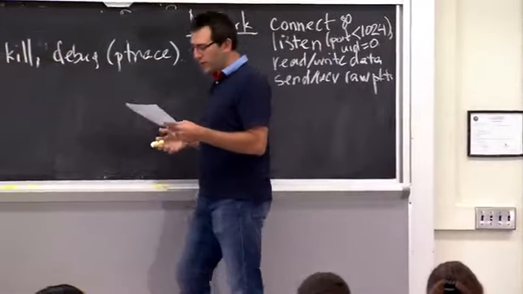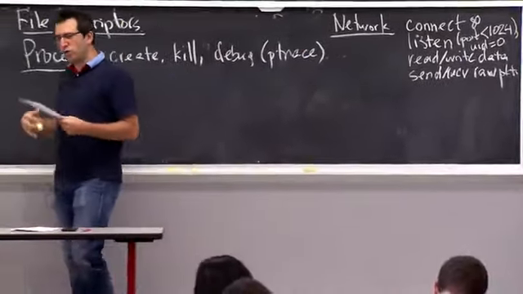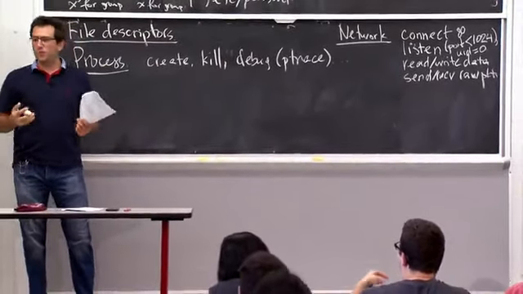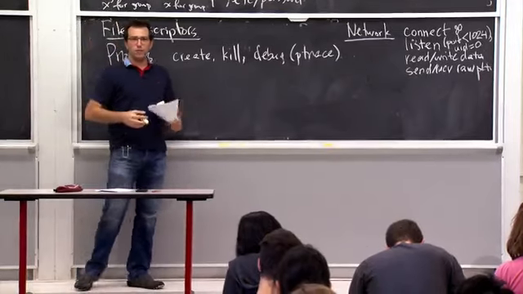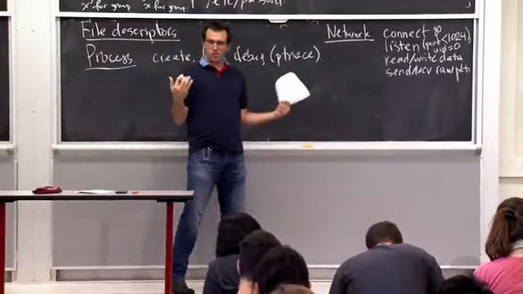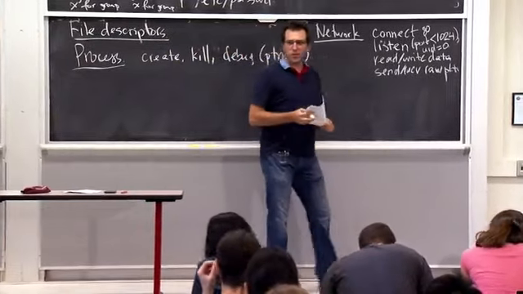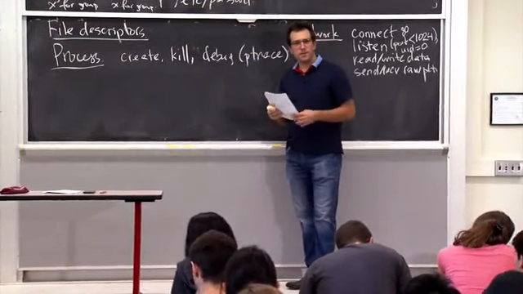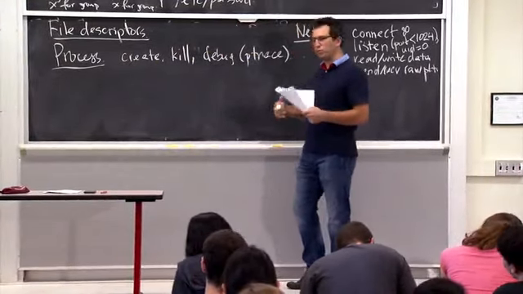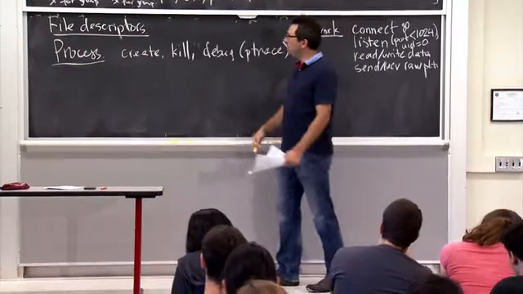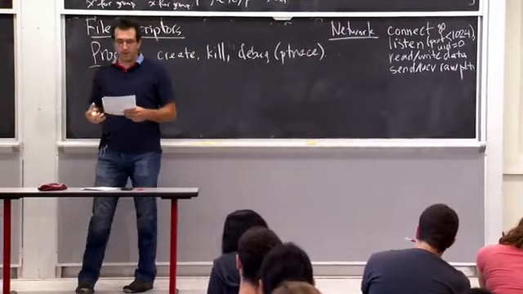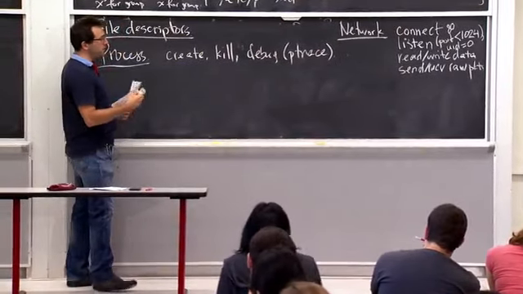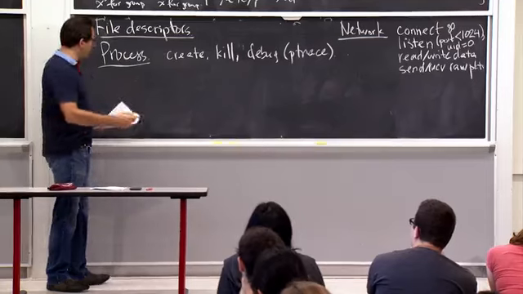OK, so one interesting question we could try to ask is, where do these user IDs come from? So we talked about processes having a user ID or a group ID. And if you run ps on your machine, you probably see lots of processes with different UID values. Where do these come from? So we need some sort of mechanism to bootstrap all of these user ID values. And the way it works in Unix, at least at the mechanism level, is that there are several system calls for doing this.